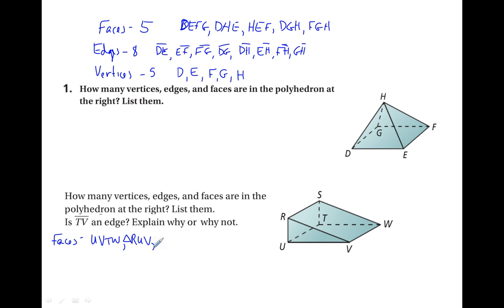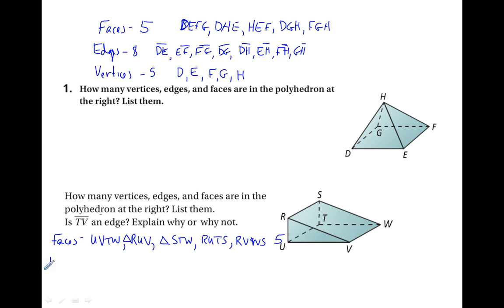We have the back, which would be triangle STW. And we have the left side, which looks like a rectangle, RUTS. I forgot, we have the top. Don't want to forget the top. So we have RVWS. If we count those up, we have 1, 2, 3, 4, 5 faces.